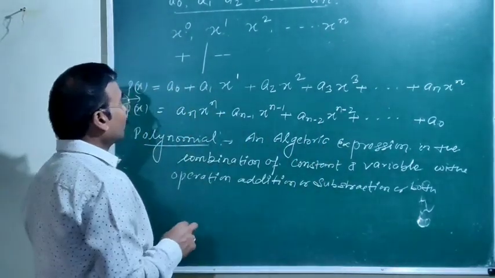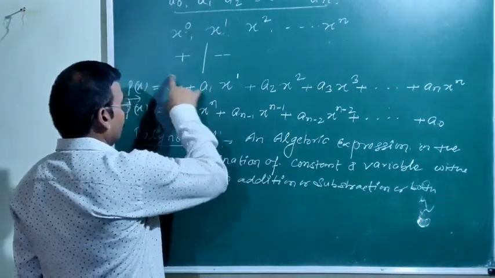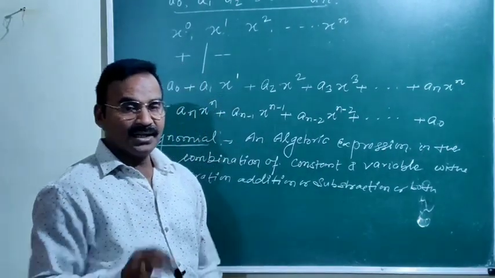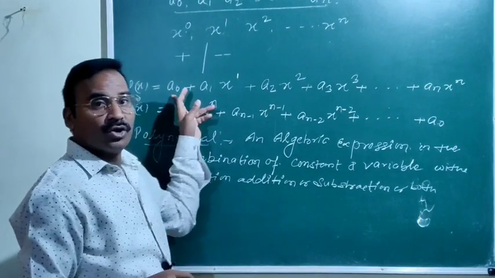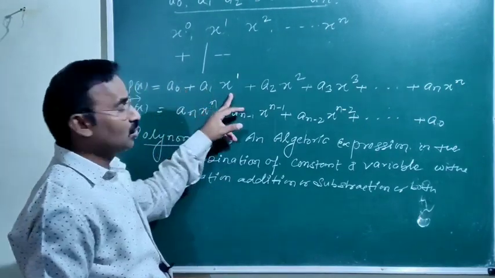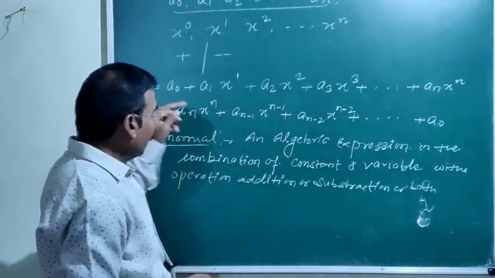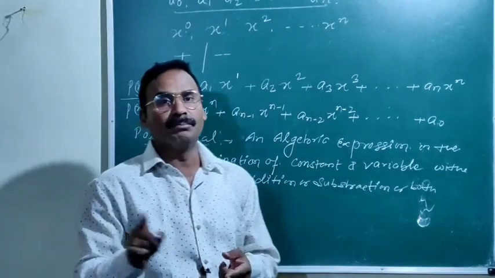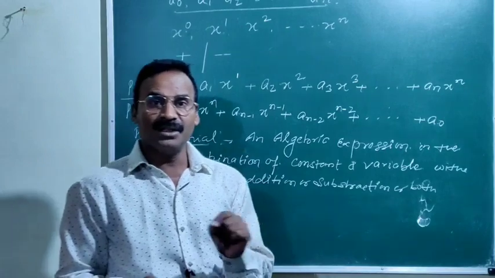Just observe the power of the variables. A0 means, in terms of the variable, a0 x to the power 0, a1 x to the power 1, a2 x to the power 2. So the power should be a whole number or positive integer including 0.